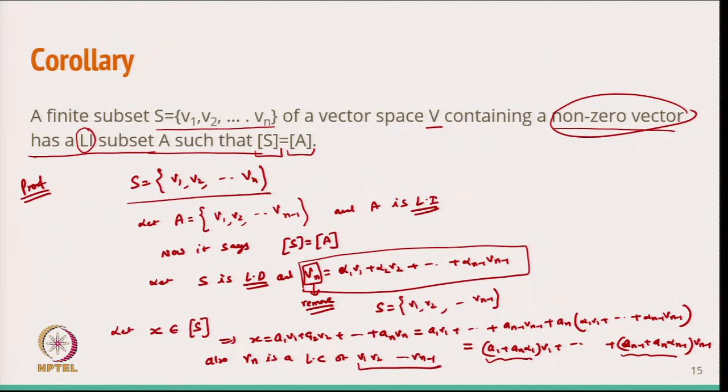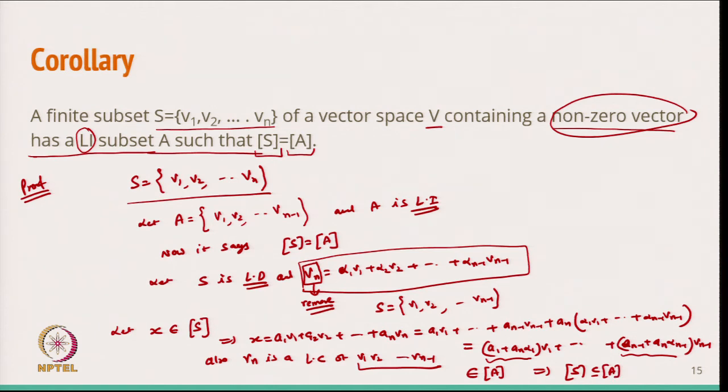So, from here this becomes a linear combination of vectors belonging to the set A. So, I can say that x belongs to the span of A. Okay. So, I have taken x from the span of S, and that belongs to this one, which implies that this is a subset of this one.